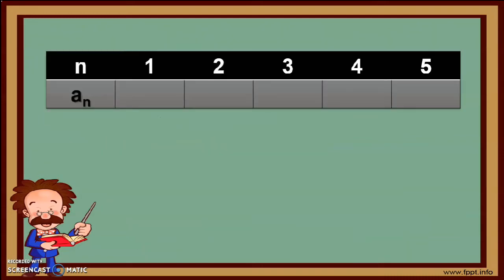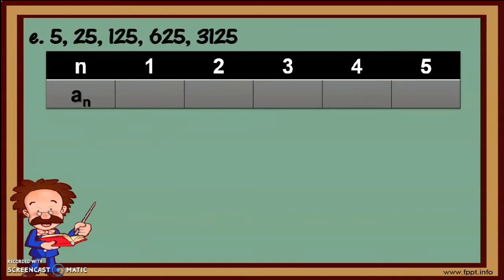Okay, let's take a look once again at example letter E, 5, 25, 125, 625, 3,125. So, we said a while ago that the rule of this sequence is multiplying by 5. So, the first term is 5. Multiply by 5, then the next term is equal to 25.